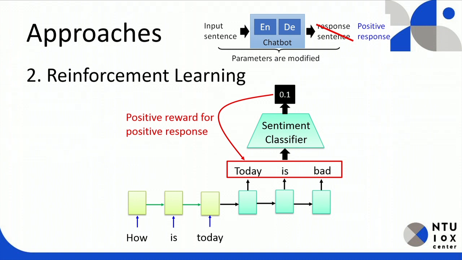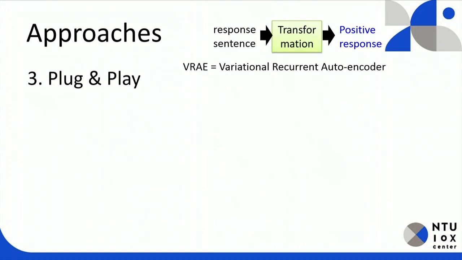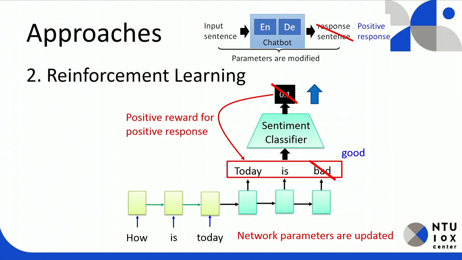As you know, when the sentiment classifier outputs a large value, that means the response is very positive. So your chatbot will update its parameter to have a positive response in order to get a large reward from the sentiment classifier. So this is the second approach.